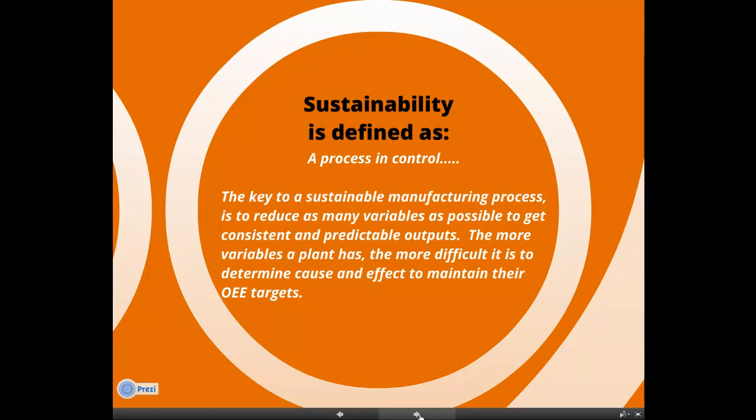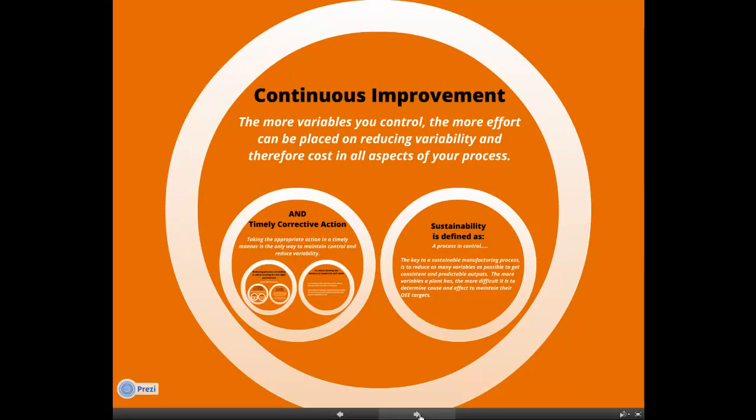Sustainability is defined as a process in control, and the key to a sustainable manufacturing process is to reduce as many of the variables as possible to get consistent and predictable outputs. The more variables a plant has, the more difficult it is to determine the cause and effect required to manage and maintain their OE targets. Continuous improvement relies heavily on process control.